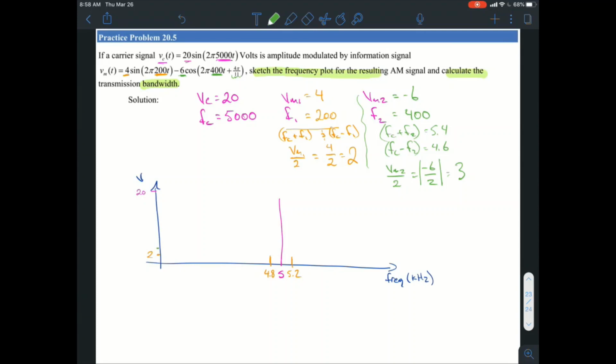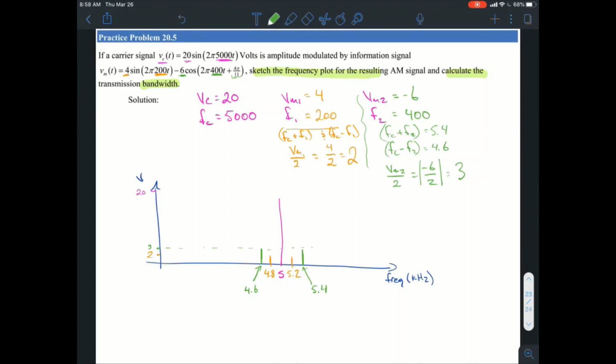So we'll have a 3 right there at 5.4, and then at 4.6, and we've got it all plotted out.